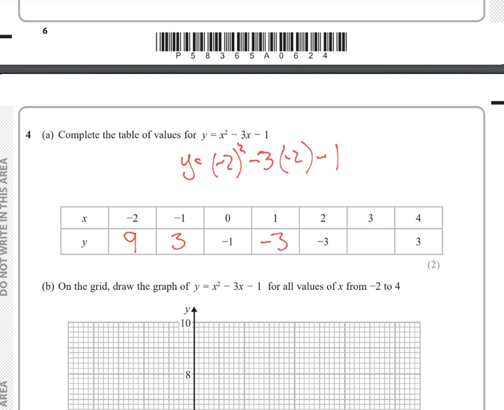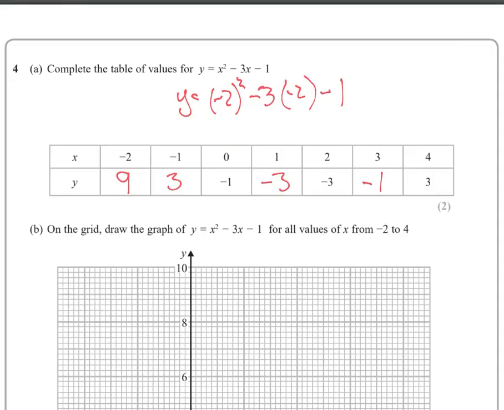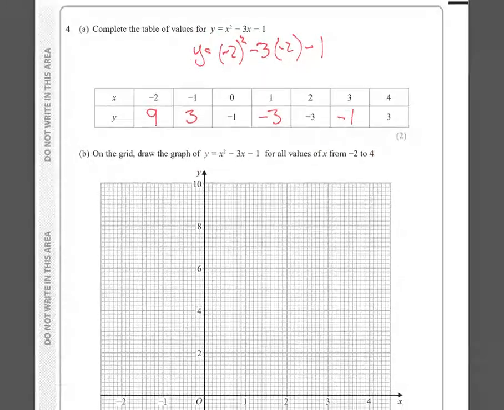Minus 3. Okay, minus 1 and 3. Okay, and we've got to put all of those onto the graph.